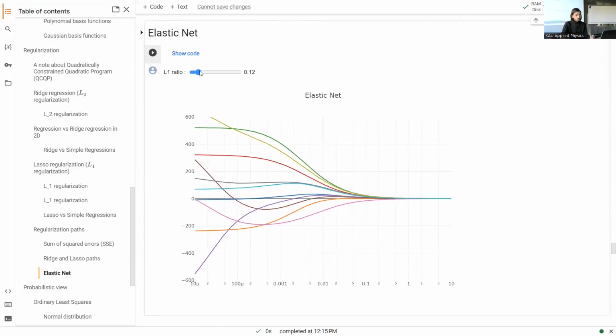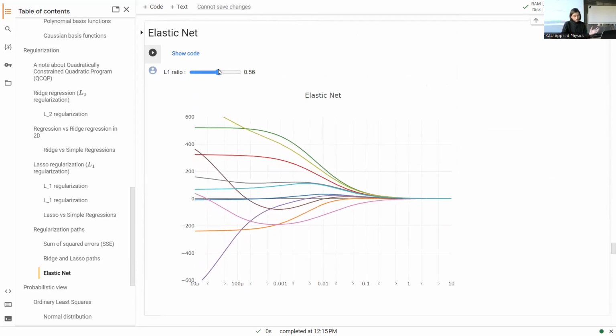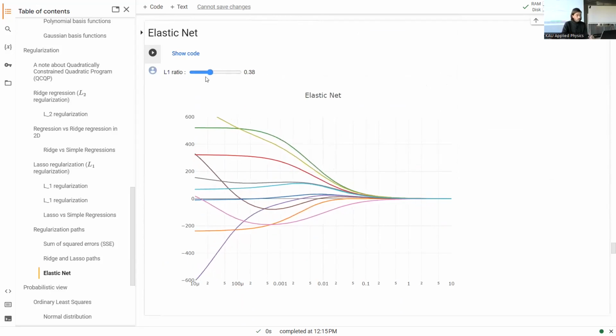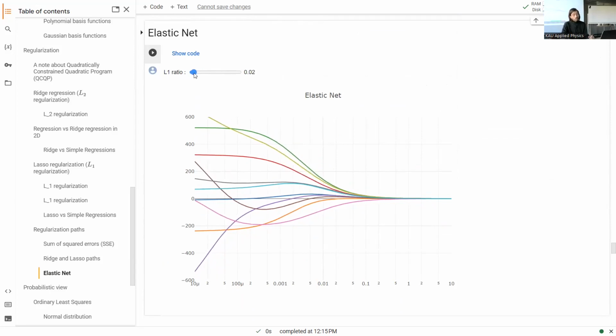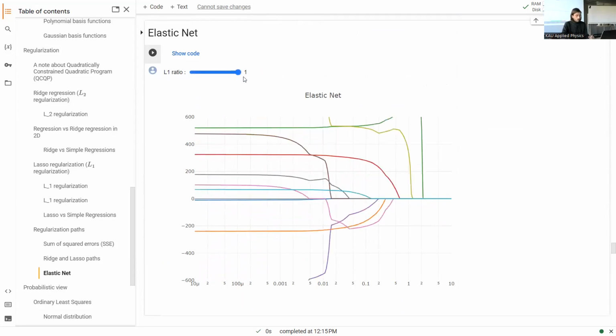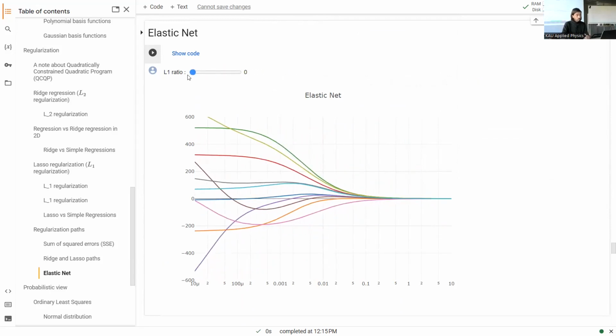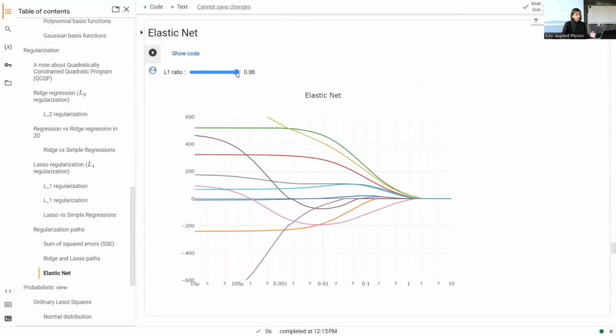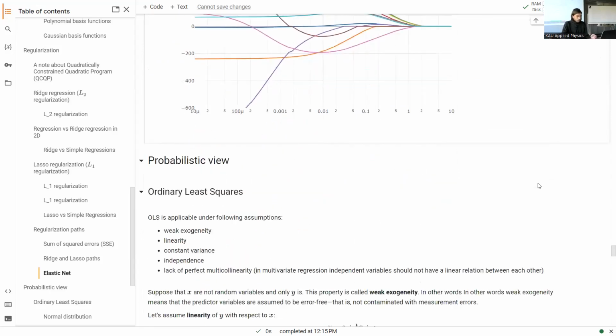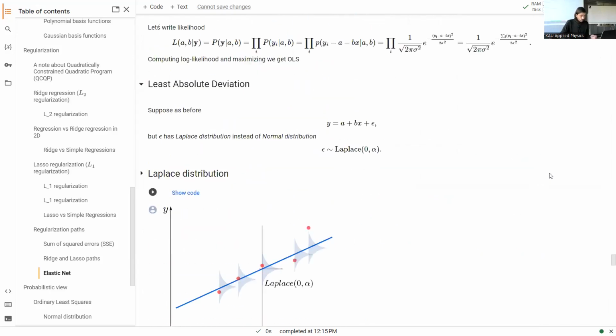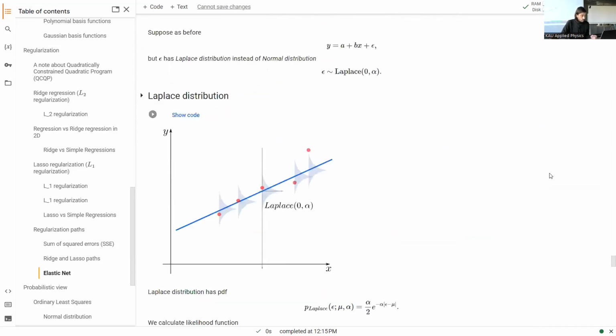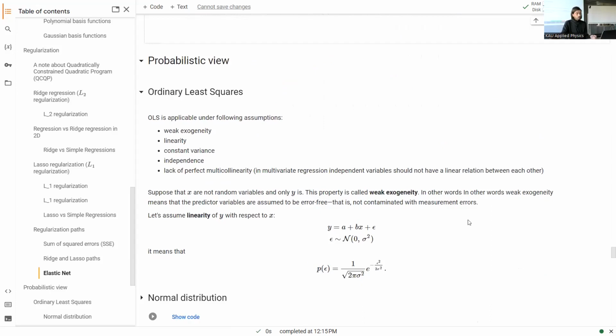I'm doing some sort of weighted combination of L1 and L2 regressions, and I have a parameter L1 ratio there. When my ratio is equal to 1, I get Lasso regression. When it's equal to 0, I get ridge regression. Of course, in between, I get something in between. Not getting into everything else, it's just one more view on the regression.